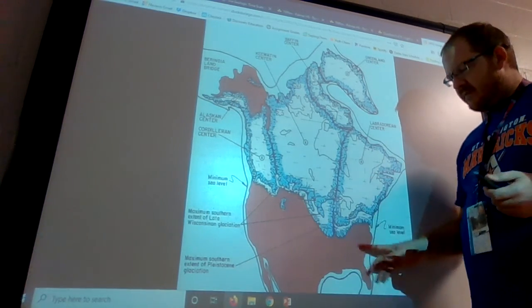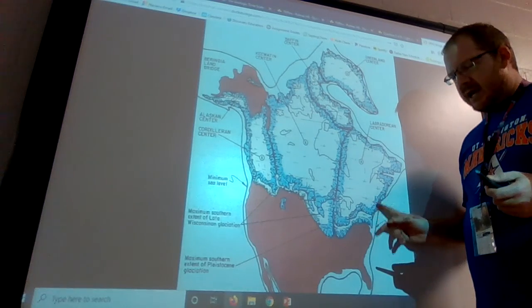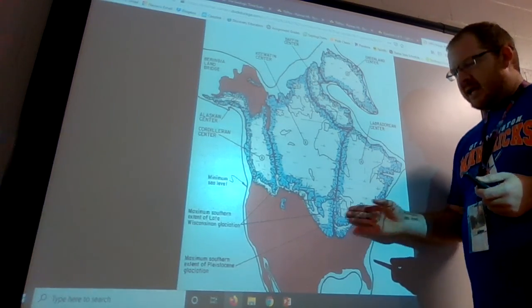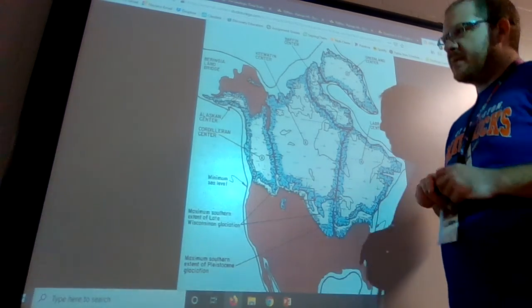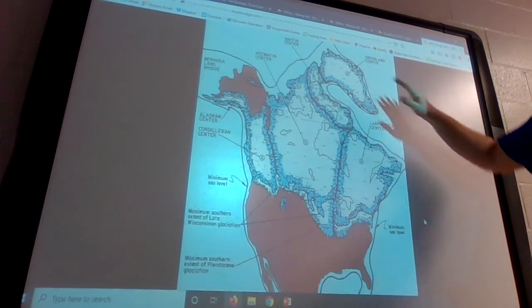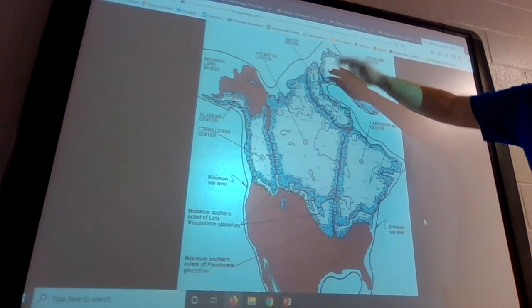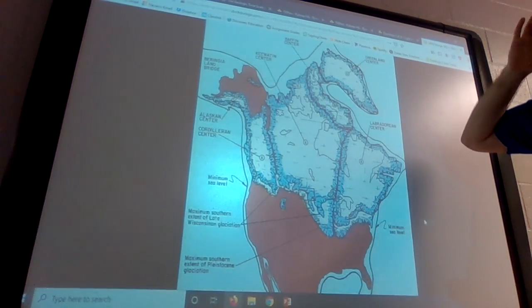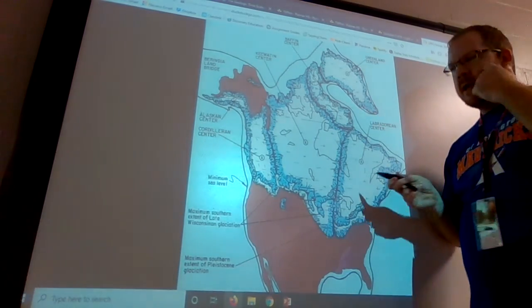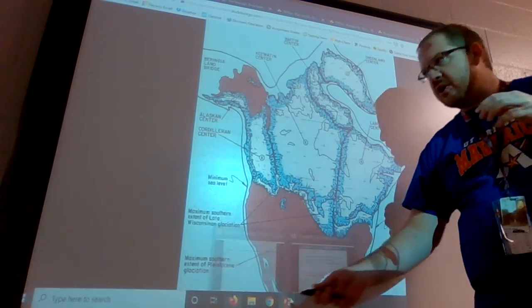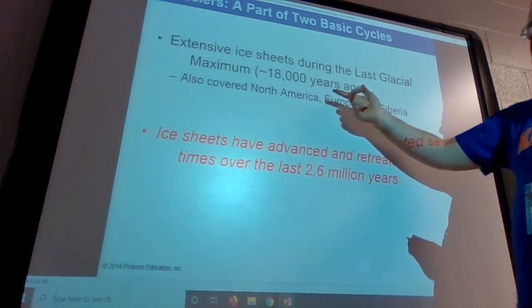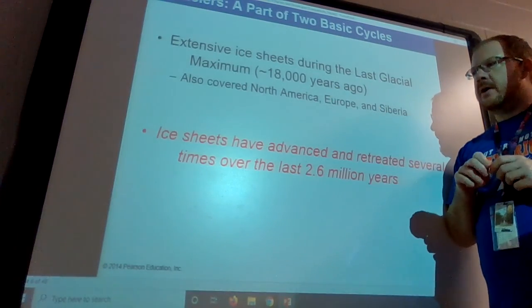A good portion of the Pacific or Atlantic Northeast, New England area, and central area here are all covered up with glaciers, as well as a decent portion of Alaska. All of Greenland is, and Greenland's over here attached to the top part of Canada. So since then, it has moved away. We'll talk about plate tectonics soon. But that's just a good illustration of the most recent glacial maximum, which was about 18,000 years ago.